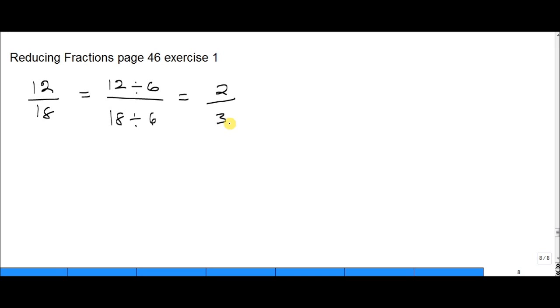They did cancelling also, and they said 12 over 18, same 6 into 12 2, and 6 into 18 3 equal to 2/3.